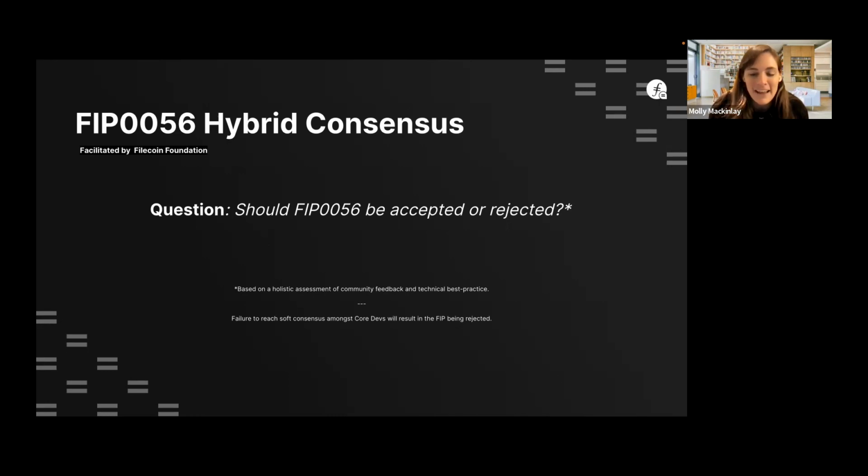Personally, I think that a number of those concerns come from either misunderstandings or misinformation, maybe intentional, maybe unintentional.